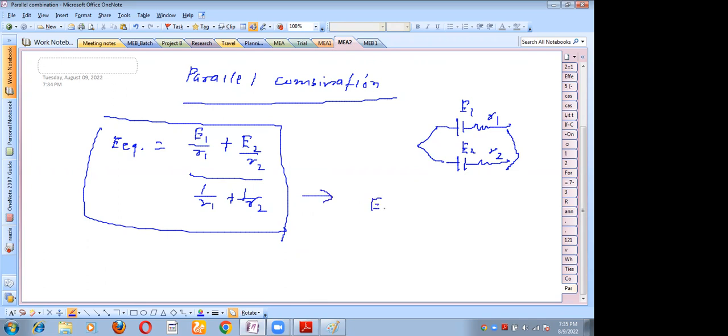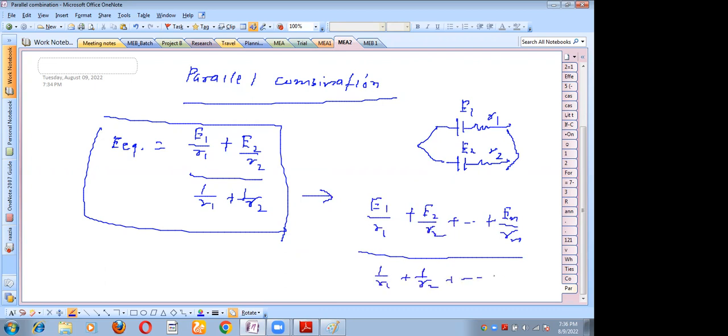For n number of cells, it will be E1 by R1 plus E2 by R2 and so on, En by Rn, divided by 1 by R1 plus 1 by R2, and so on. Understood? So this is how we can calculate equivalent. Getting my point? Any doubt?